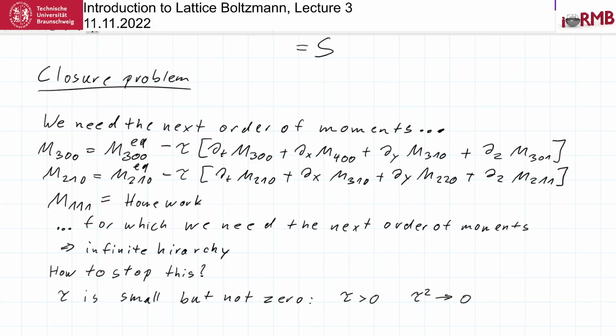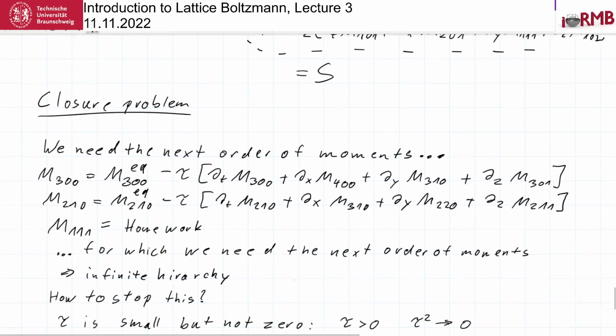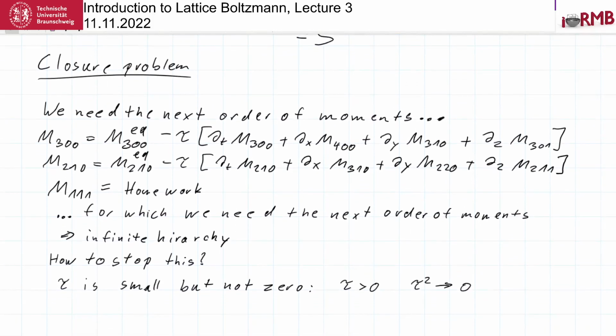This is important because we noticed before that the non-equilibrium second order moments, which we talked about before, are multiplied with tau. And the non-equilibrium part of the second order moments is composed of the equilibrium of the third order moments and tau times the derivatives of the fourth order moment.